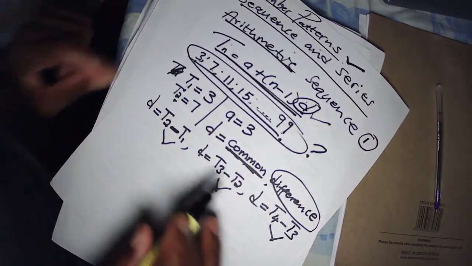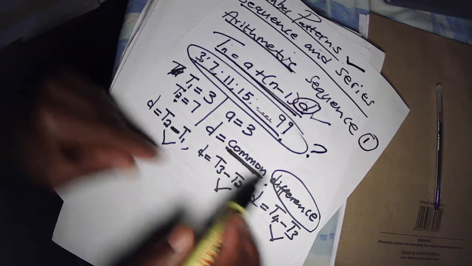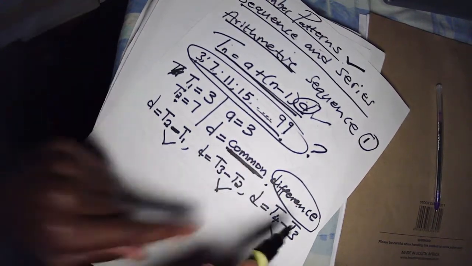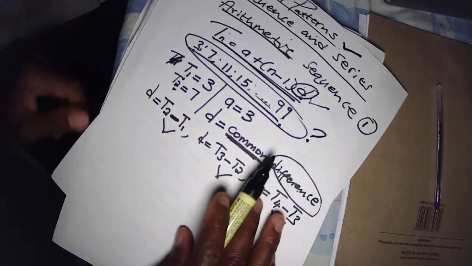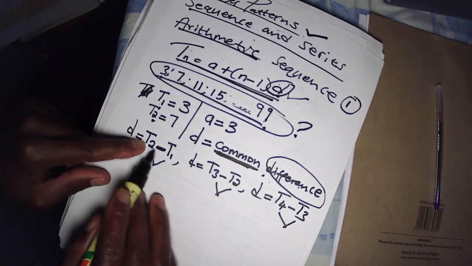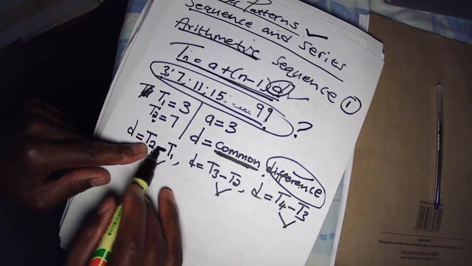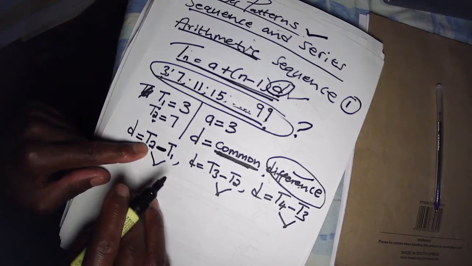The second answer is by calculating the common difference. How do you calculate it? By subtracting. The difference stands for this subtraction sign.